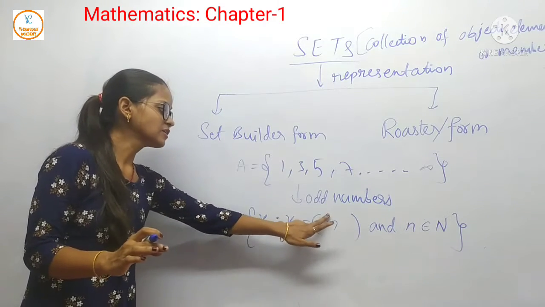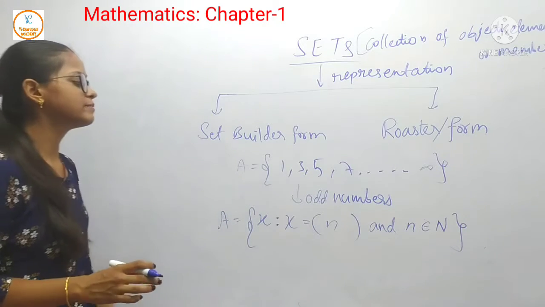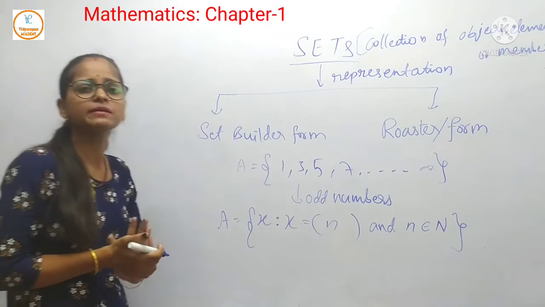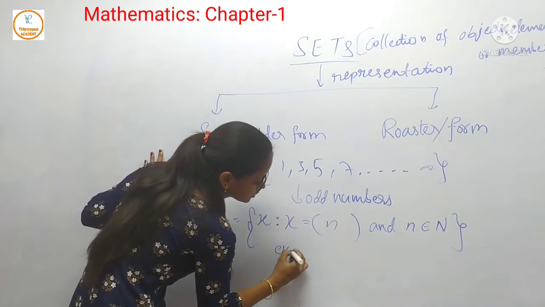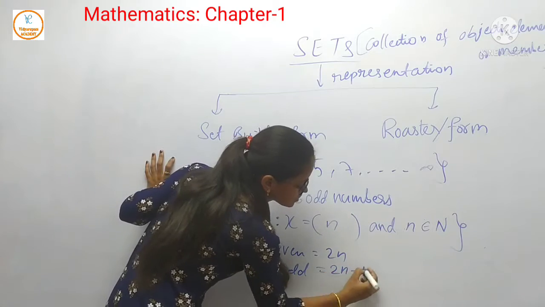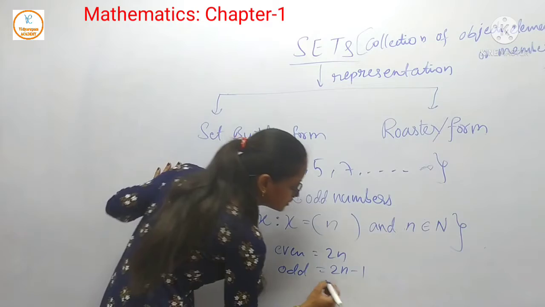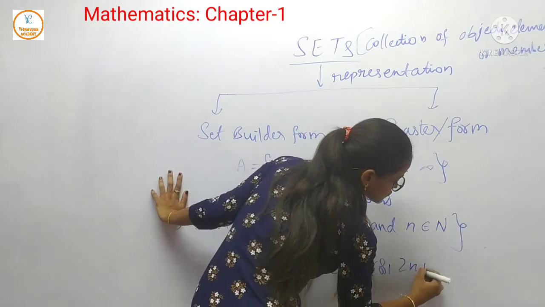So how to write the odd numbers? Initially, for even I took 2n. Then for odd we can get two types: 2n minus 1 or 2n plus 1.